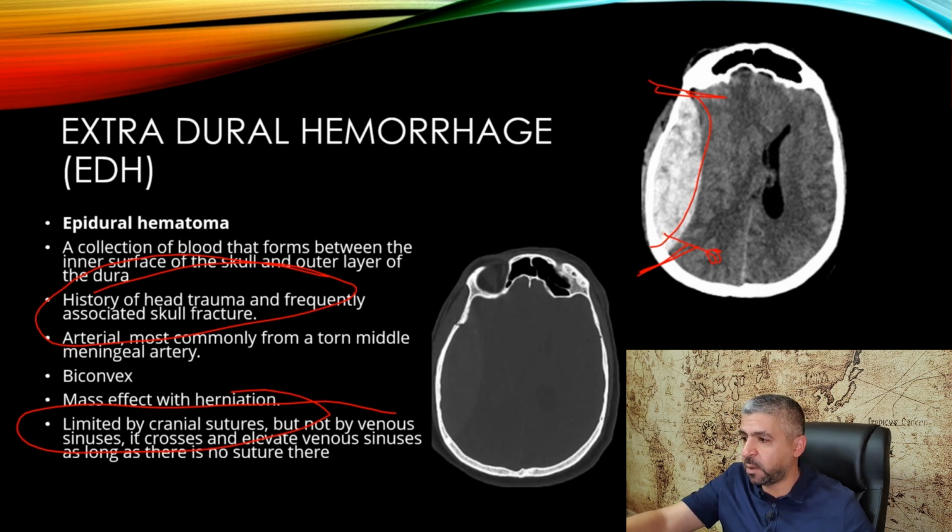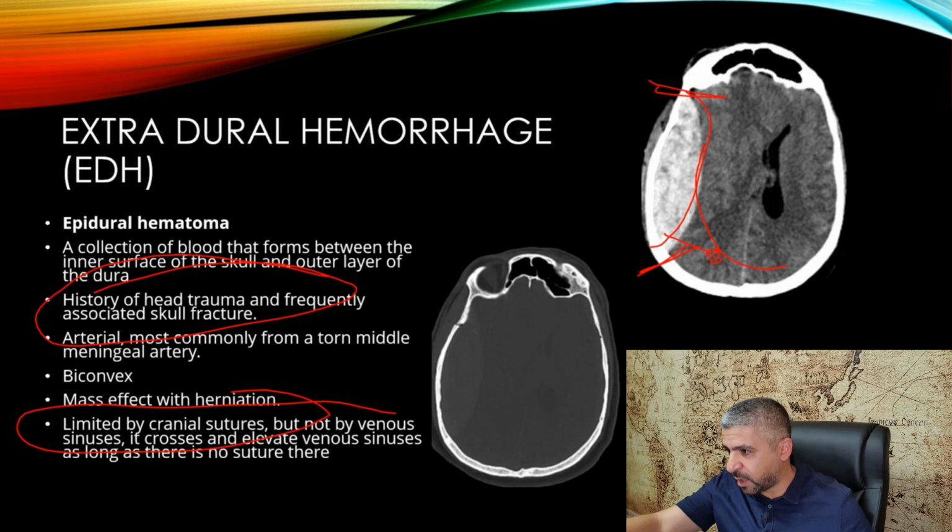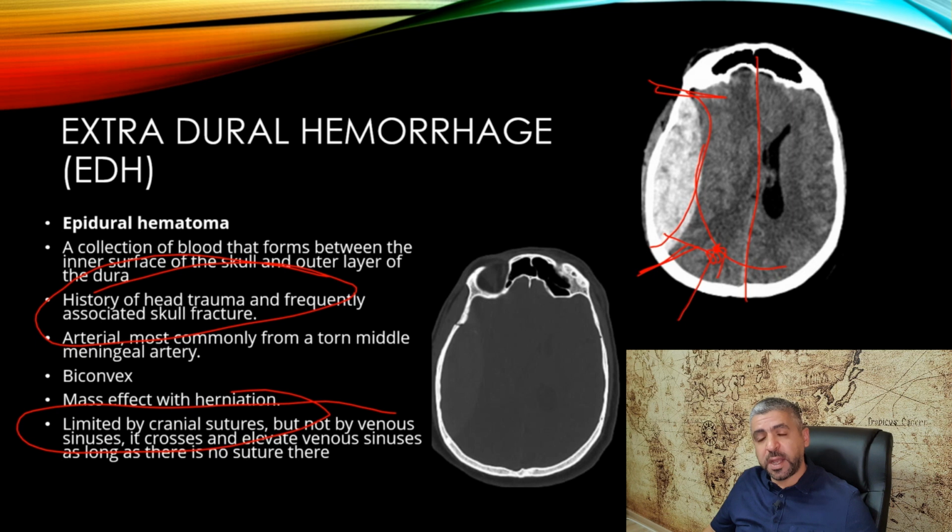On the other hand, if there is a venous sinus, it can pass under the sinus and elevate it, as long as there is no suture related to the sinus. That means it cannot pass or elevate the superior sagittal sinus because there is the sagittal suture related to it. But it can pass under the transverse sinus because there is no suture related to it.